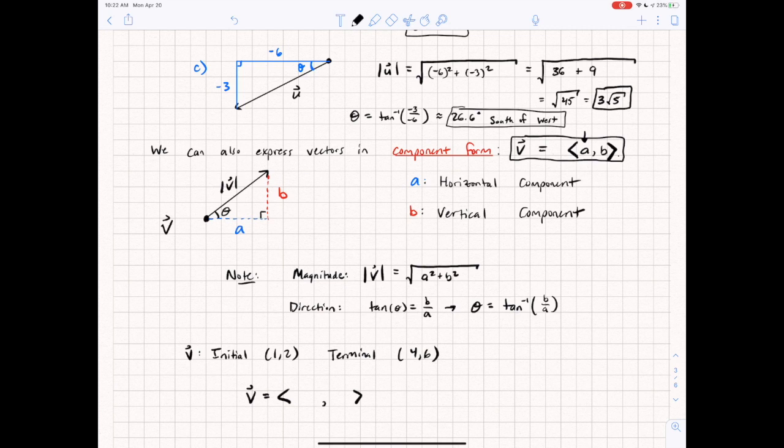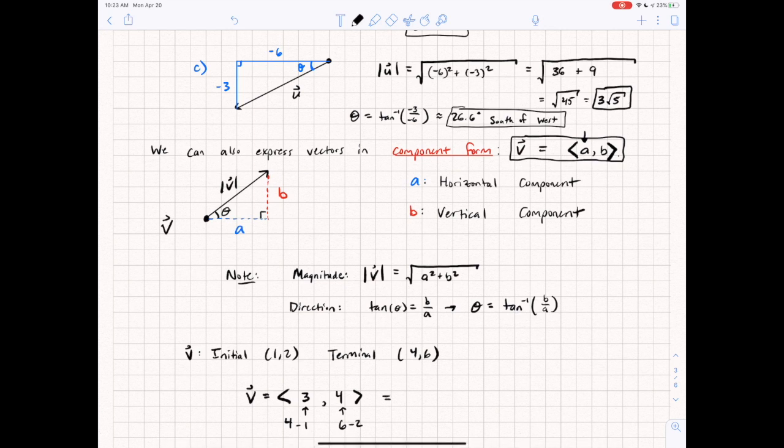Well, looking back, its horizontal component would be 3, and its vertical component was 4. Recall that it was a 3, 4, 5. Positive 3 means moving to the right. Positive 4 means moving up. Now, notice this right here would be my change in x values. It's 4 minus 1. And then this vertical component was found by doing 6 minus 2, my change in y.